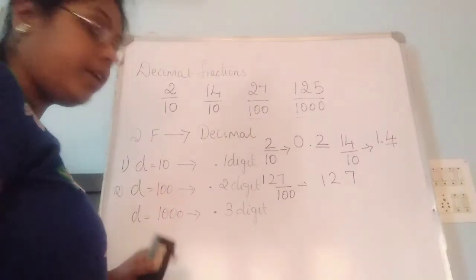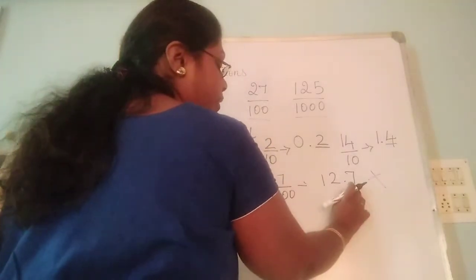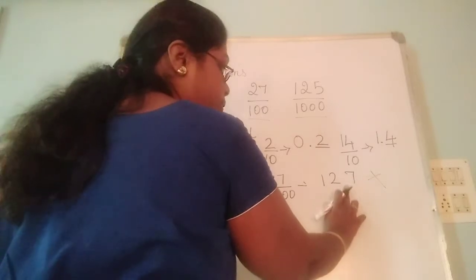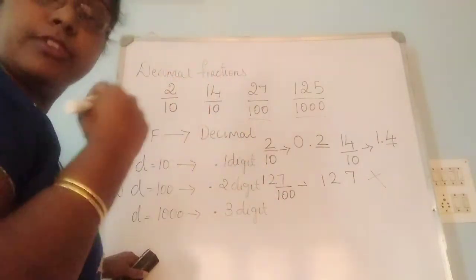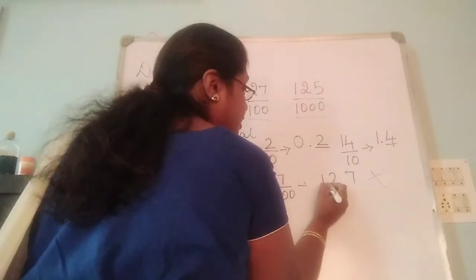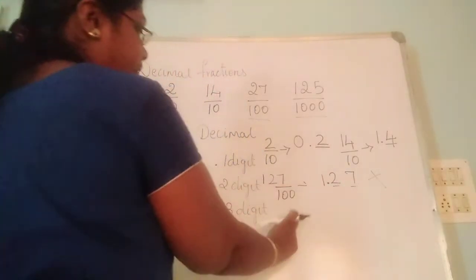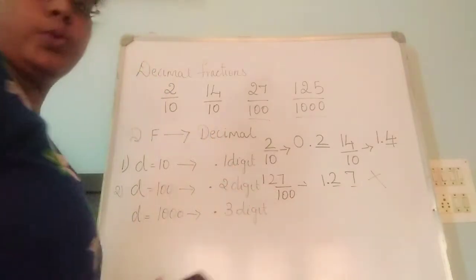Where will you keep a point? If I keep a point here, your answer is wrong. After the point I have only 1 digit. So this is wrong. After the point you should have 2 digits. So where will you keep a point? Here. So after the point I have 2 digits, and 1 digit before it. So 127 by 100 is 1.27.